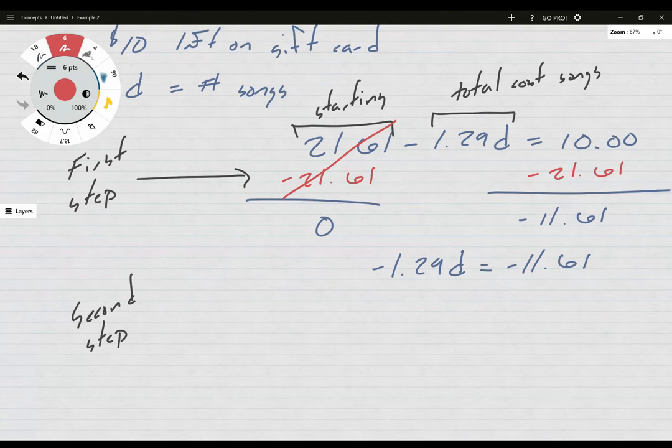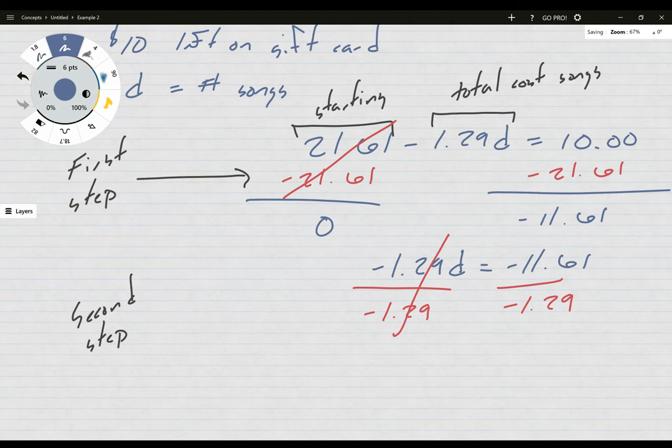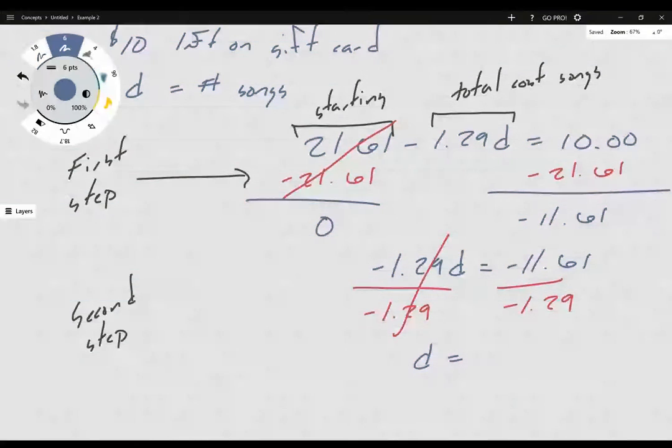I need to make this equal 1, so I'm going to divide by the same amount. A negative divided by a negative is a positive, but if it's the same value, that's the identity property. When you divide a number by itself, it stays the same amount. So now all I have left over here is D, which is the number of songs. So negative $11.61 divided by negative $1.29 is going to give me 9.